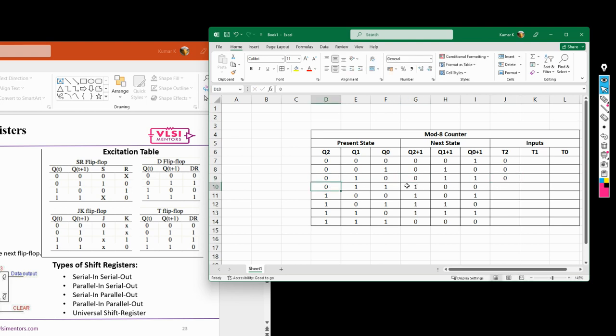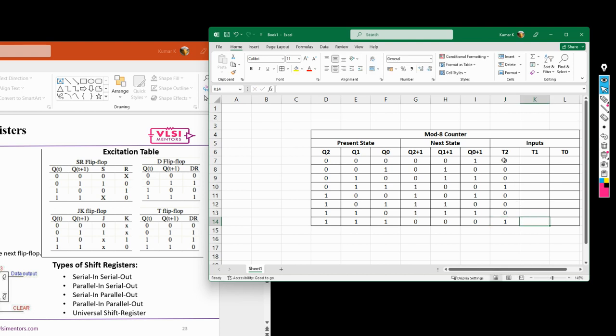Now here 0 and 1. What is it you need? You need 1. And these three are 1 1 1. Now you need to keep this as a 0. Now 1 and then 0, this is going to be 1.